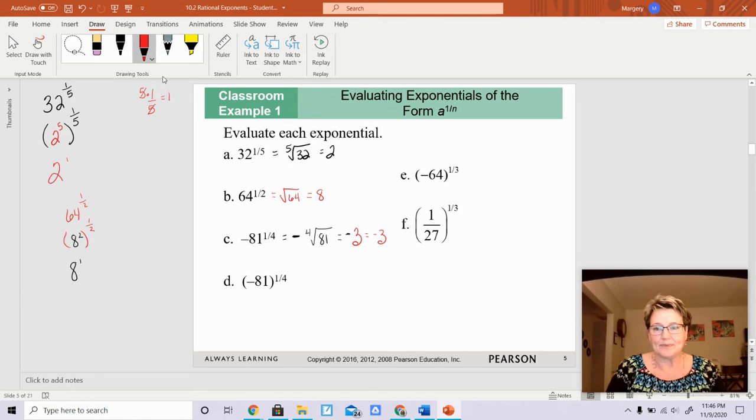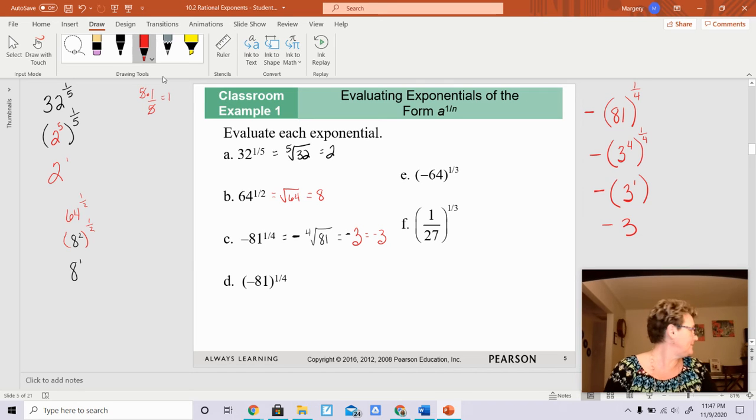Once again, the negative is on the outside, so I'm just going to ignore that for a moment and deal with 81 to the 1/4 power. I know that 3 to the 4th power is the same thing as 81. When you raise a power to a power, you multiply the exponents. So I'm going to get 3 to the first power. So you end up getting -3.